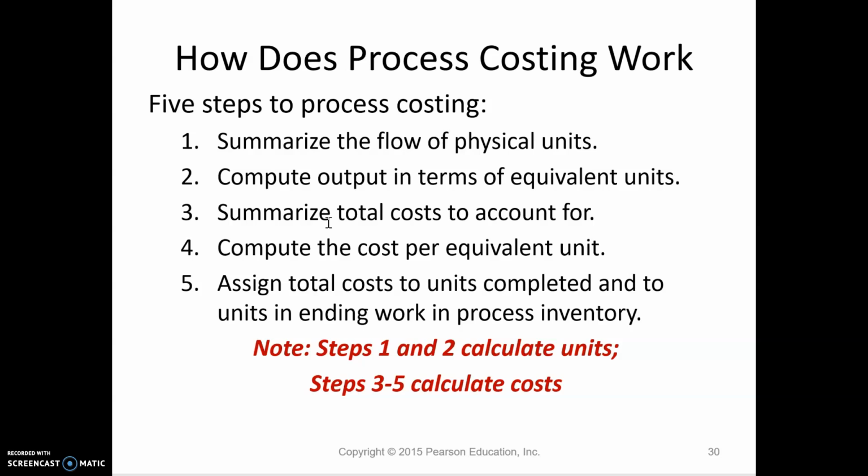Once we know the total number of costs we are dealing with, and at the end of step 2 we knew how many units we were dealing with, well, then we can get the cost per unit, right? The same way we did with the test scores. Take the total cost, divide by the number of units. And then once you know the cost per unit, we can assign costs to the units that have completed and moved on to the next department. And then we can check the cost that should be in our ending work in process inventory account. So I'll pick up demonstrating how to implement these 5 steps in the next video.